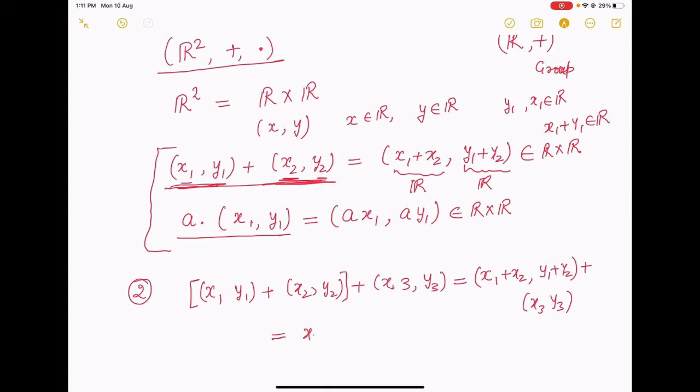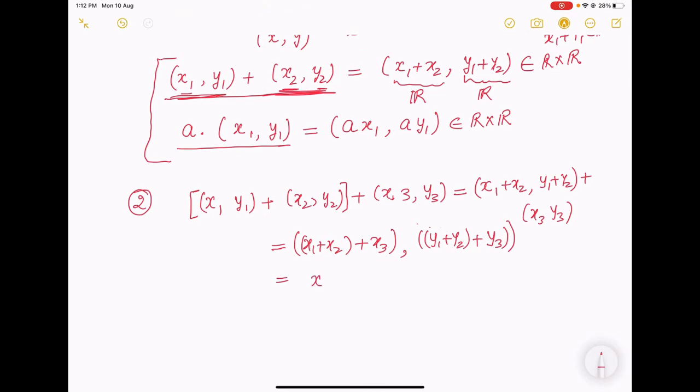This gives you x1 plus x2 plus x3 comma y1 plus y2 plus y3. Now you can apply the associative property here: x1 plus x2 plus x3 comma y1 plus y2 plus y3.